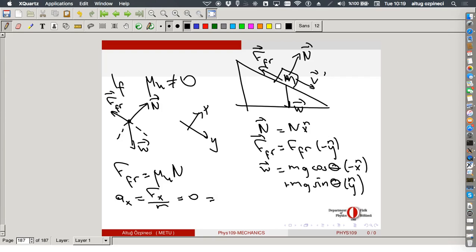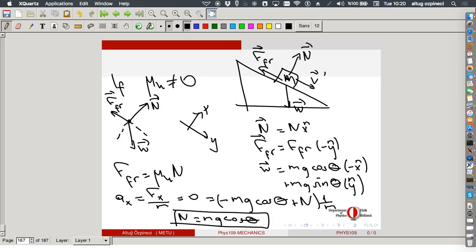The total force in the x direction is minus mg cosine theta plus N, times 1 over m. This should be equal to 0. So we know the normal force. It's just mg cosine theta.